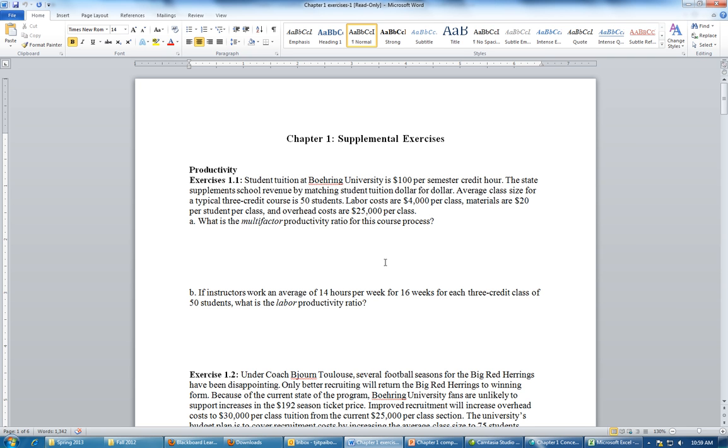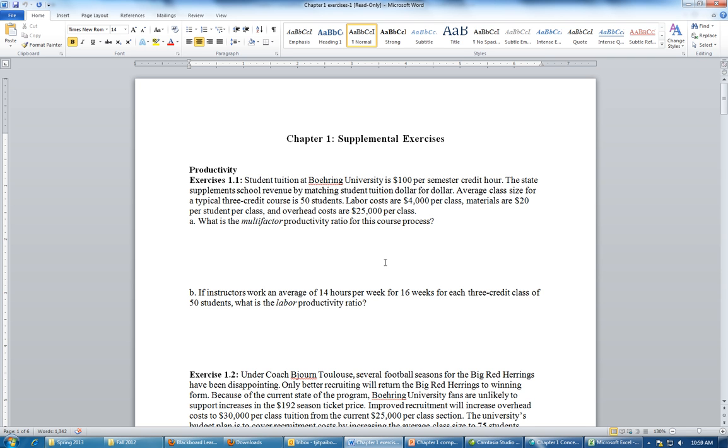Each student takes one 3 credit hour course, and the school charges students $100 per credit hour. The school also gets state funding dollar for dollar, which in this case is $100 from the state.